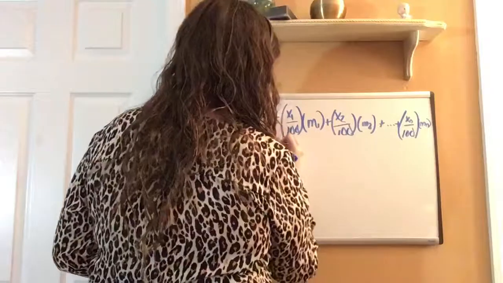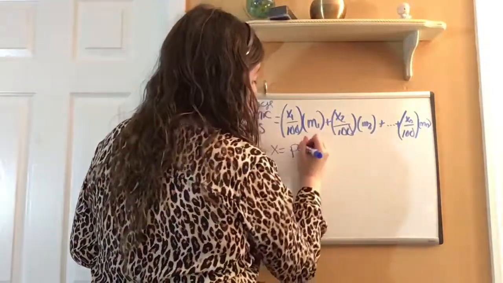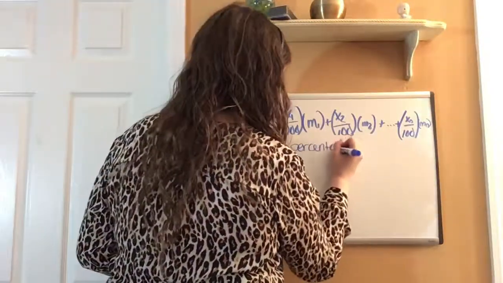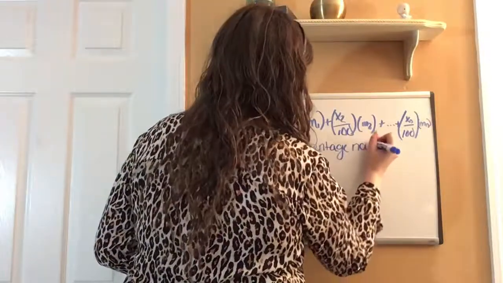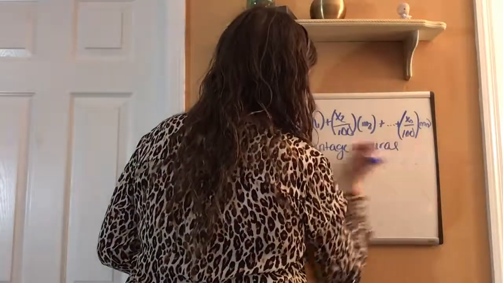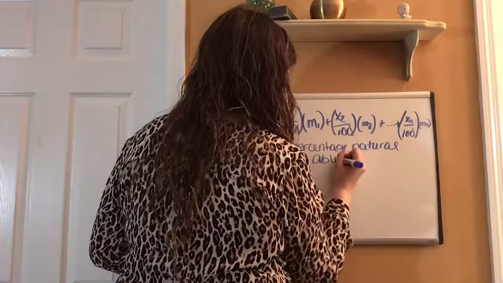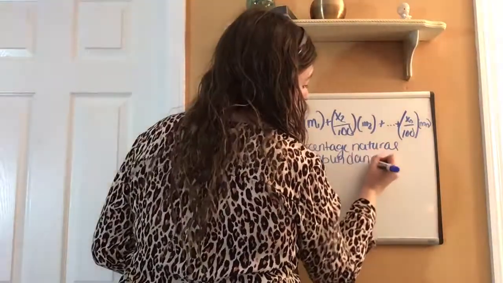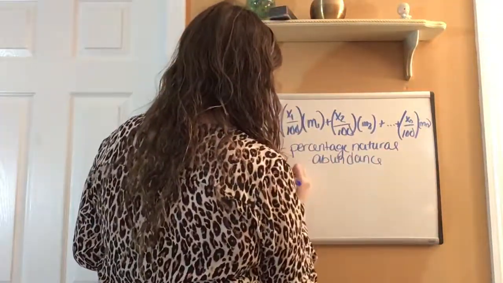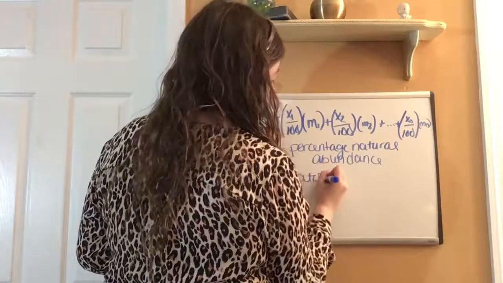Okay, where x is our percentage of natural abundance, and m is going to be our atomic mass for each isotope.